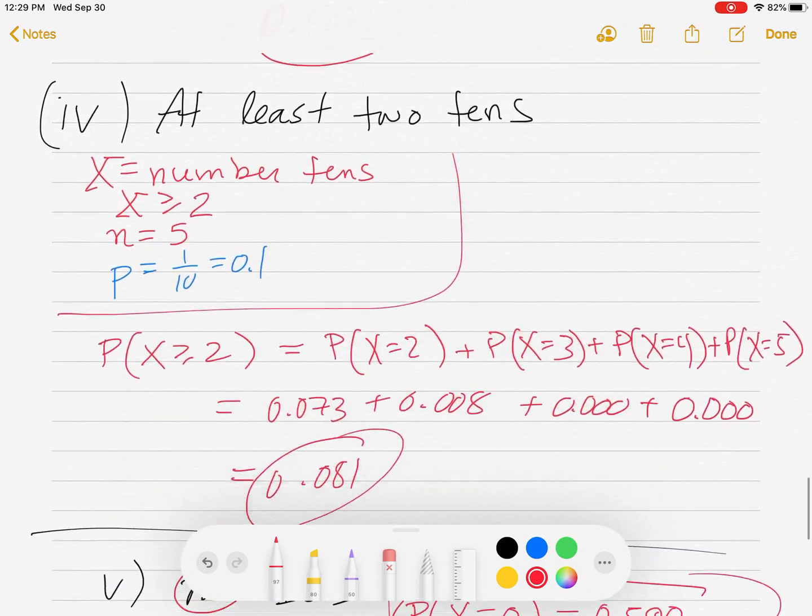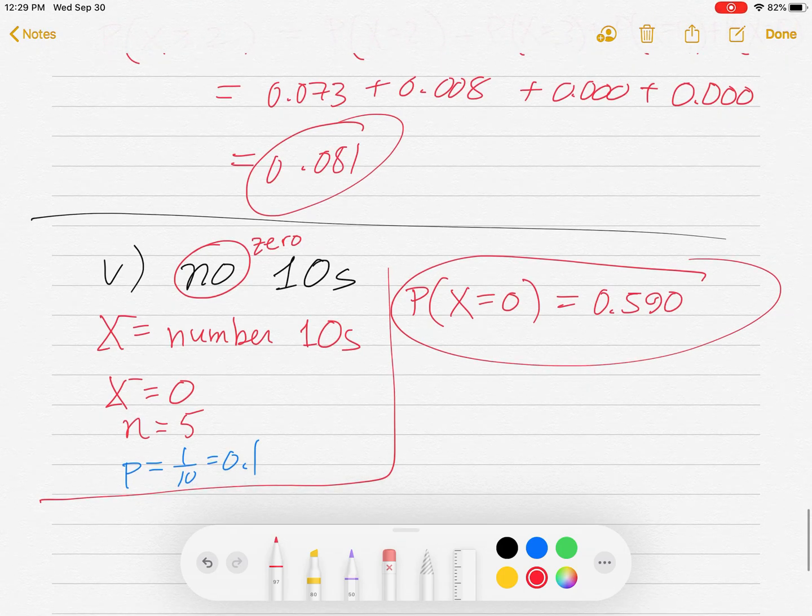Which I think we probably looked up somewhere in the past. Did we? Yeah, we looked it up when we were looking at x less than 3. All right, so roughly a 59% chance of getting no tens, 0 tens.